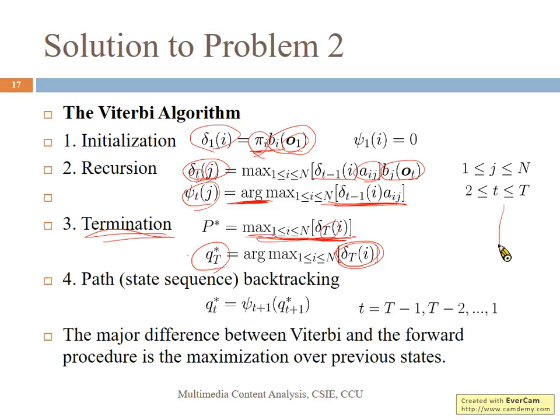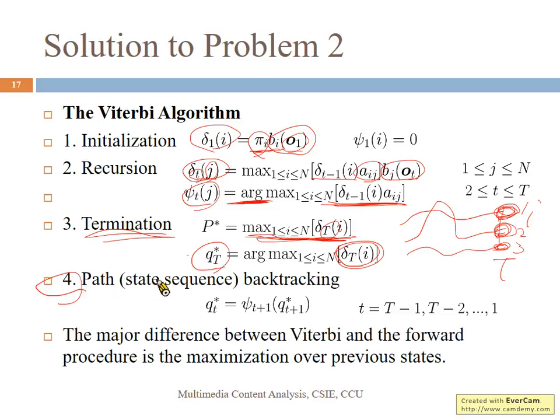So at time capital T, delta T(i) means, from the beginning to the end, the highest probability to end at state i. i may be 1, 2, 3, so we calculate the highest probability to end at state 1, state 2, state 3, and so on.